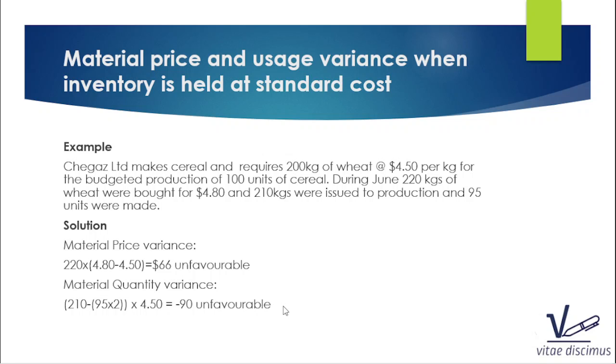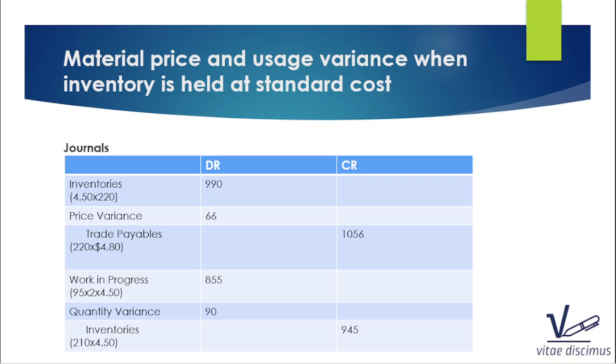With regards to both unfavorable variances, the material price variance and the material quantity variance, we can show this in our journals, at the acquisition date of the material as well as when we issue to production.